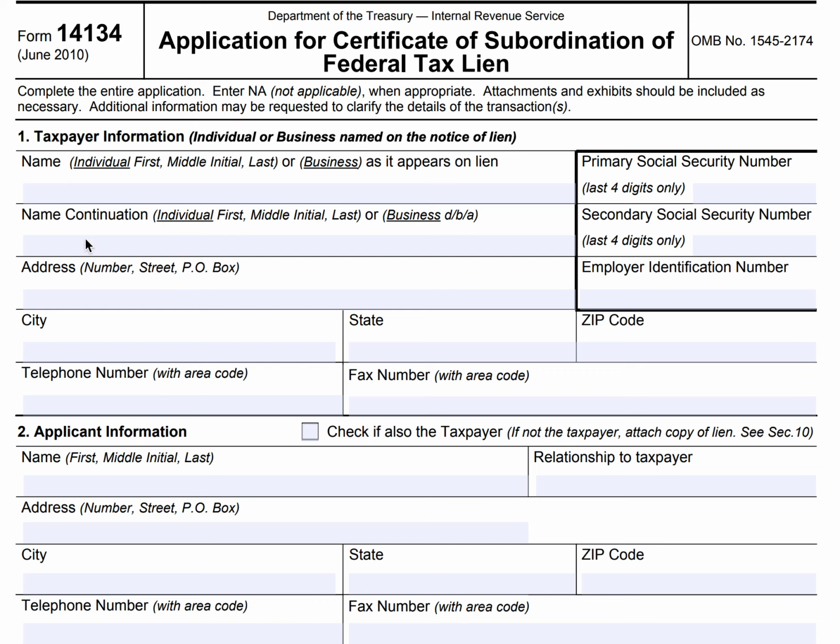And then finish this out with an address, city, state, zip code, telephone number, and fax number. So you should put a telephone number where you can be reached during the business day. If an IRS employee is processing this form and they have a question, you do want the ability to answer the phone quickly and resolve any questions or issues that they might have.